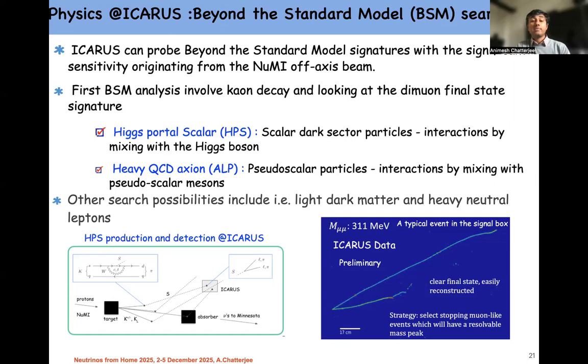The first BSM analysis involved kaon decay and looking at the dimuon final state, mostly looking at scalar dark sector particles decaying into a dimuon final state, as well as heavy QCD axions decaying to a dimuon state. The production can happen both from the target as well as from the absorber, mostly coming from meson decay. Here we clearly show the two-muon final state signal at the detector.